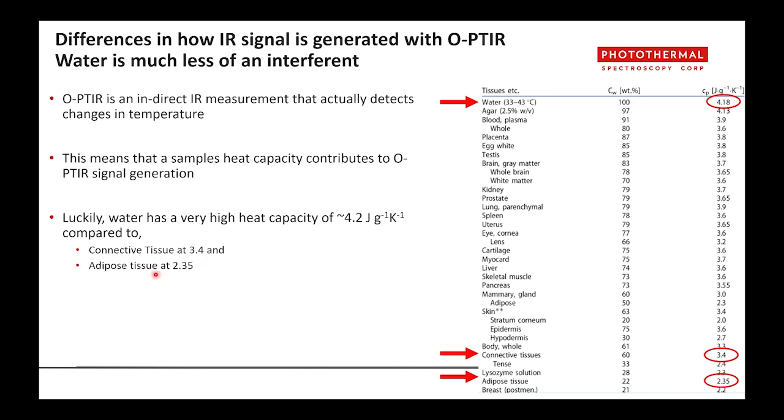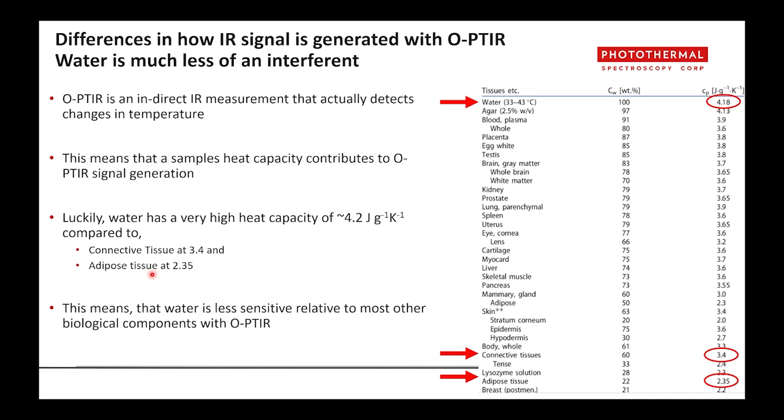So there's a significant difference between water and other biological components, which means water doesn't heat up as much, so the tissues and the fat will heat up more. Now, when I say more, we're talking still a few degrees. So that difference in heating is actually helping to suppress the water background contribution, making O-PTIR much more viable for hydrated or liquid water sample measurements.